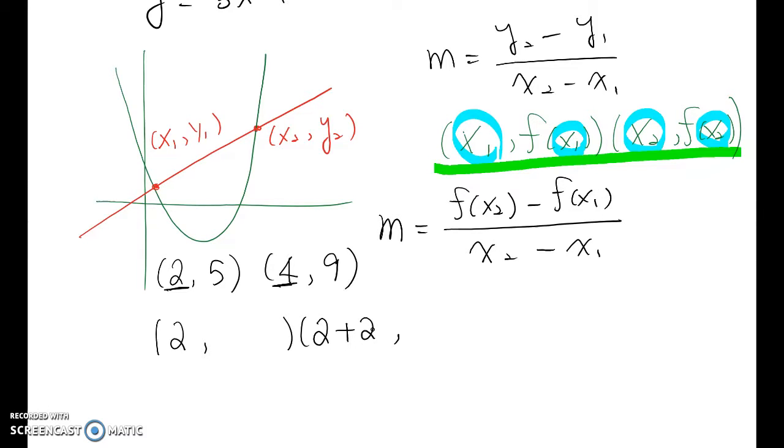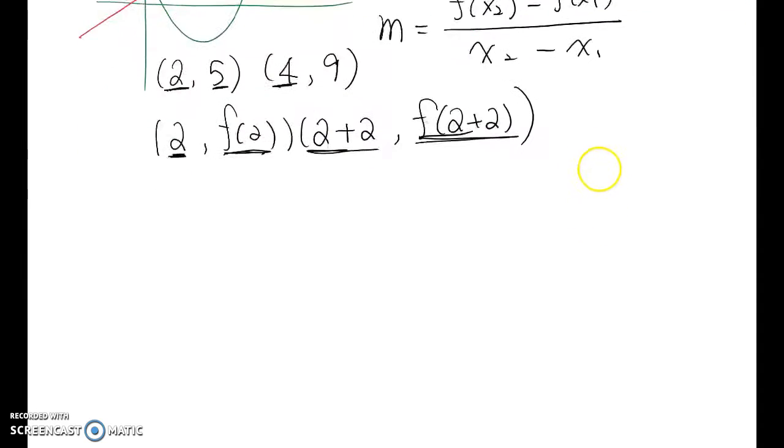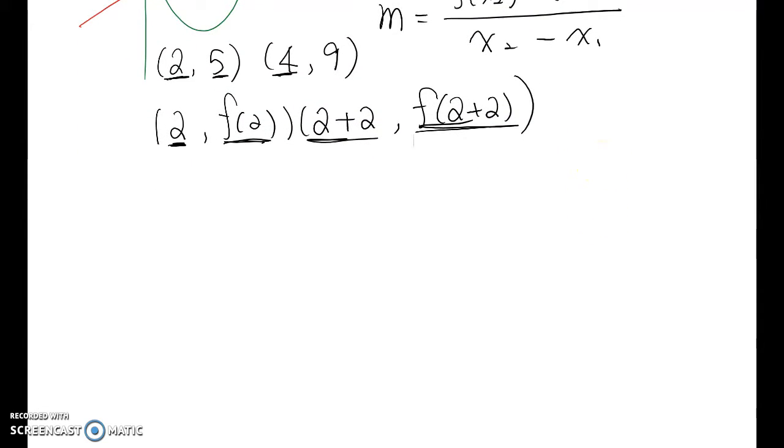Now, in this case, 5 you can rewrite as f(2), and this one is f(2 plus 2). So this is x1, this is y1, this is x2, and that's y2. In this particular case, the difference between the two x's is 2, but it can be any number.